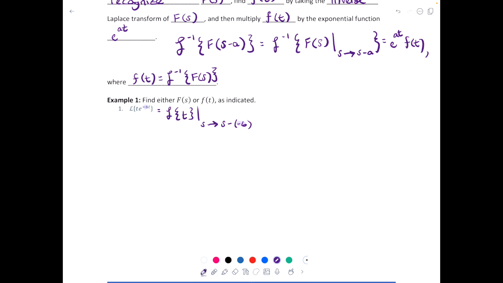And then that in turn will be equal to the Laplace transform at t as s approaches s plus 6.